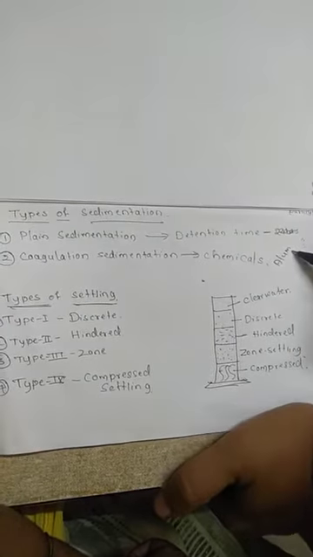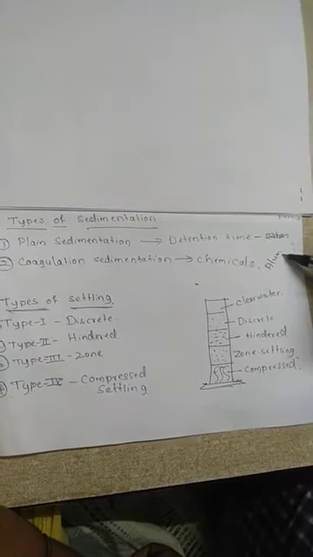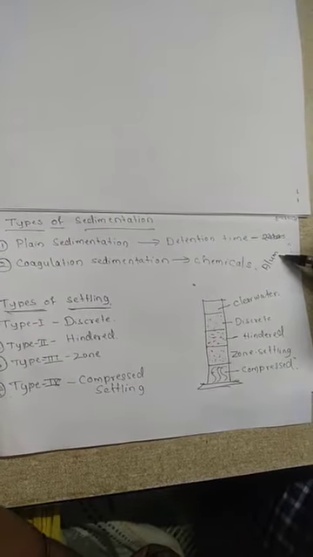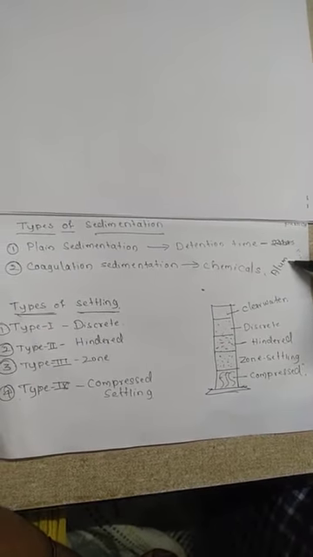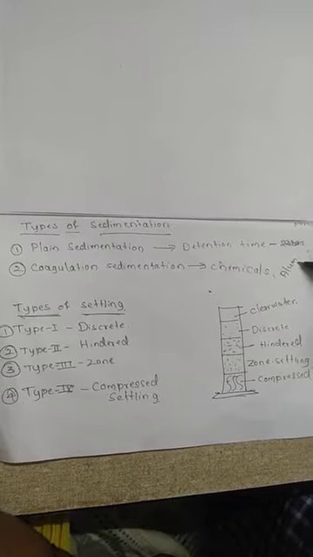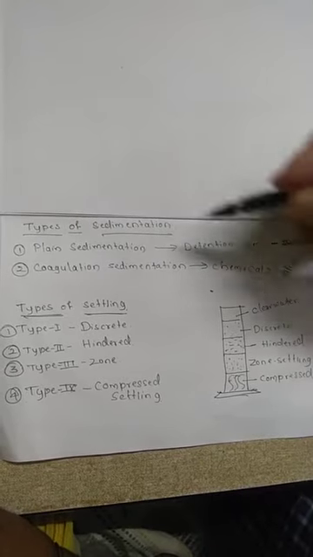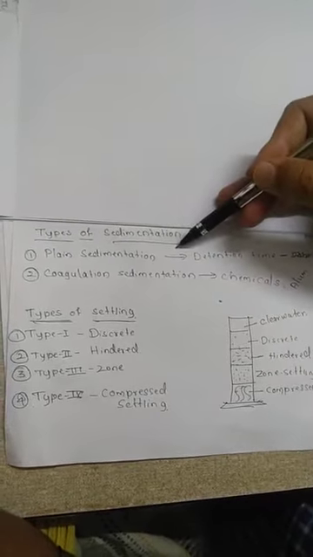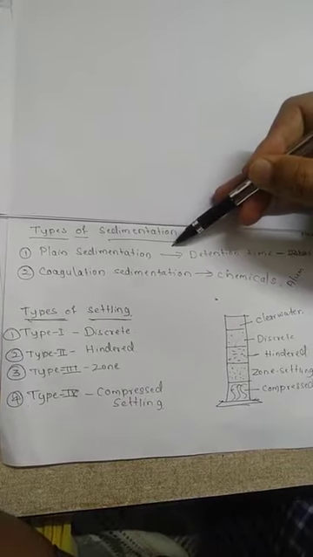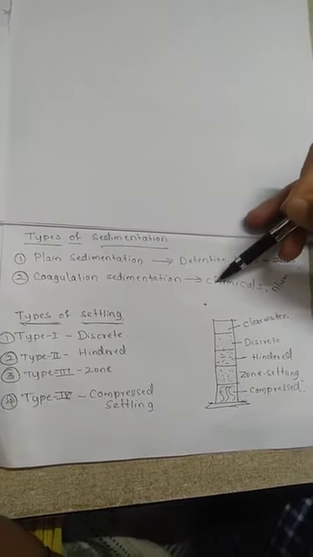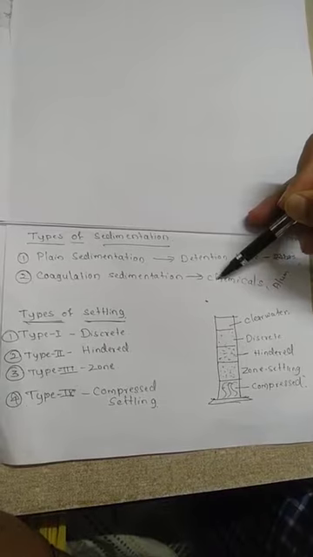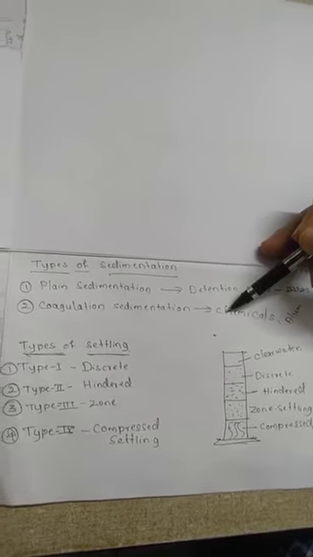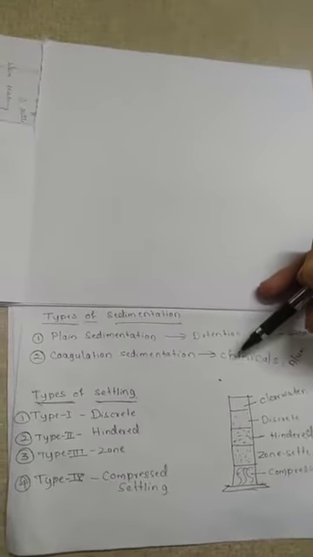So we use it for the particles which are not going to easily get settled down by their own weight. Plain sedimentation is for the particles which can settle down by their own weight, and coagulation sedimentation is for the particles which are not going to settle down by their own weight.